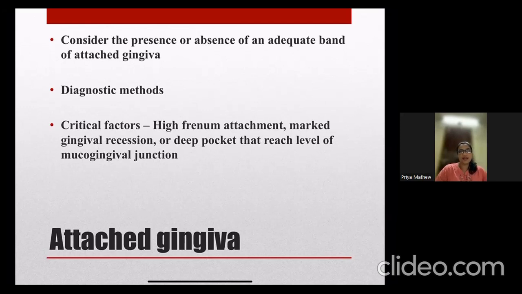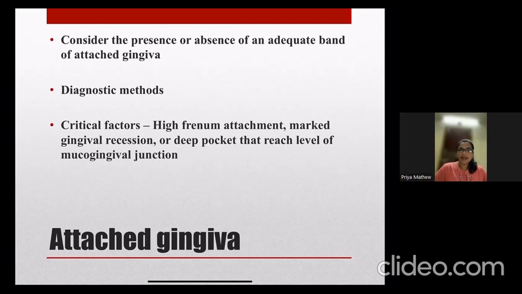We have the Schiller dye test, by which we can see the area of attached gingiva, and if there is inadequate attached gingiva, we have plastic surgical procedures and certain flap surgical procedures with which we can gain attached gingiva.